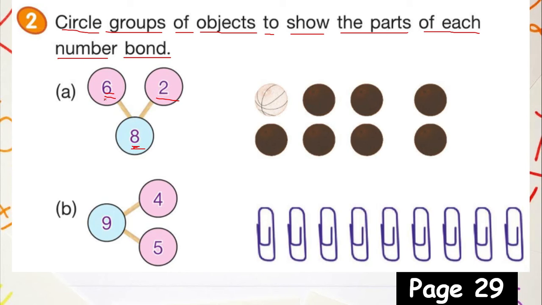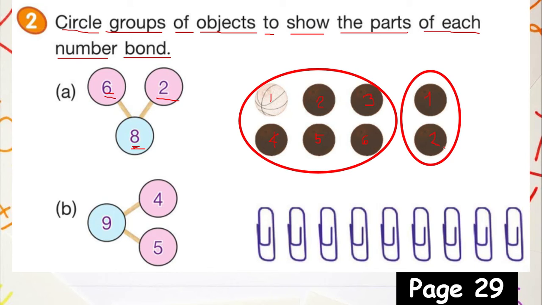First, we're going to circle the part of 6. We're going to count 6. 1, 2, 3, 4, 5, 6. So you're going to circle. And then next, we're going to circle this next number. We have here 1, 2 balls. So we're going to circle.